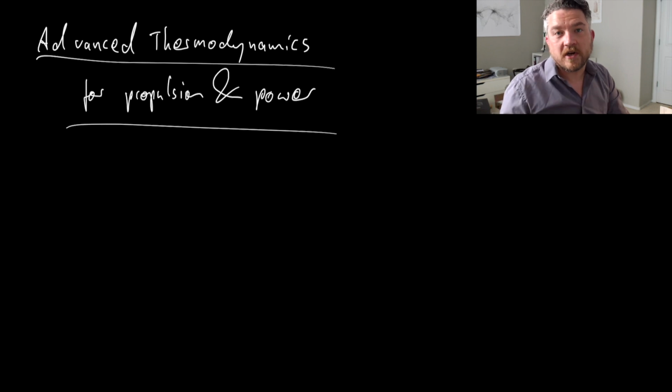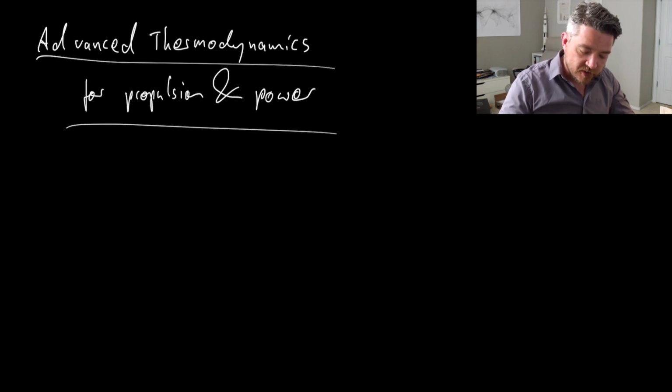So let's start. In fact, let's start with two different machines, two different types of engines, and see how far we get just with very, very rudimentary analysis. So the two devices I'd like to start with are the diesel engine and the gas turbine.